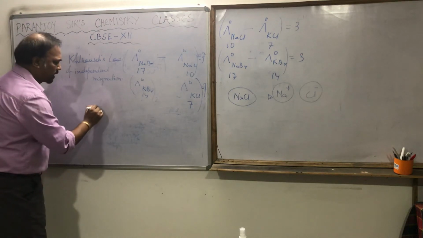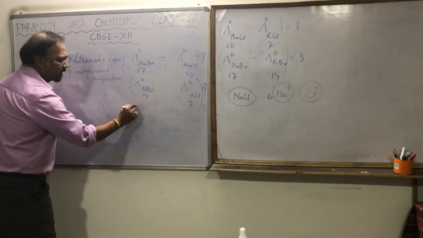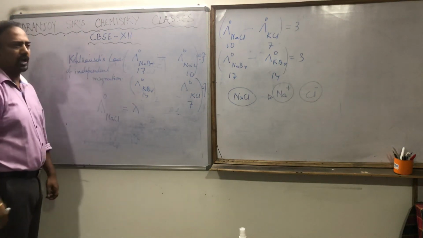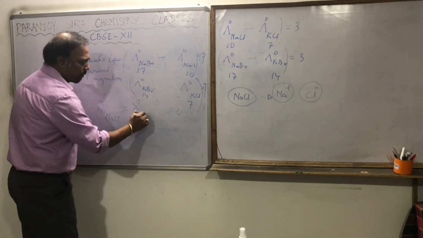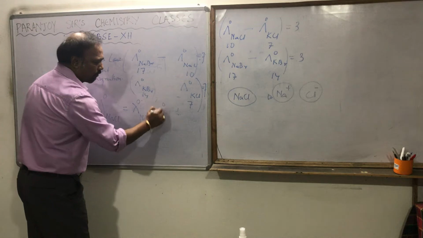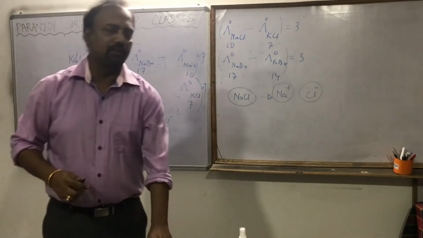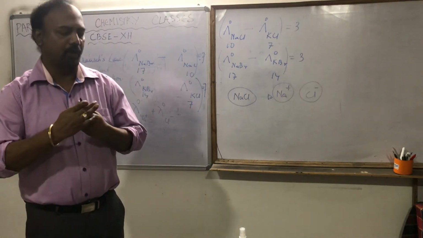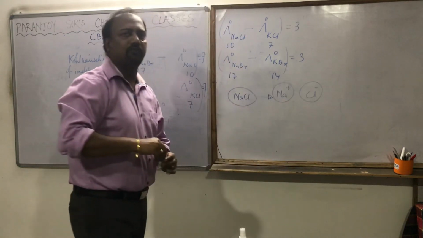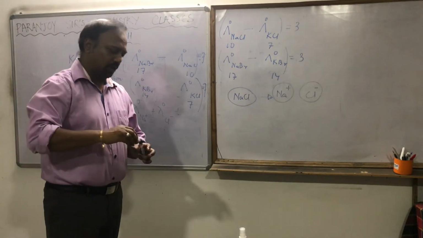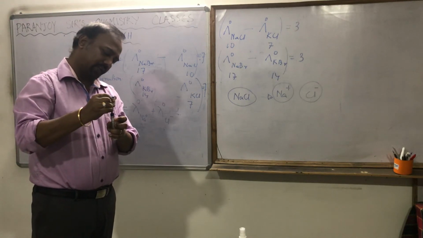Suppose for sodium chloride, we write lambda 0, and for the ions we write lambda small: lambda 0 for Na plus lambda 0 for Cl minus. Similarly, for potassium chloride it will be lambda 0 for K positive plus lambda 0 for Cl negative.